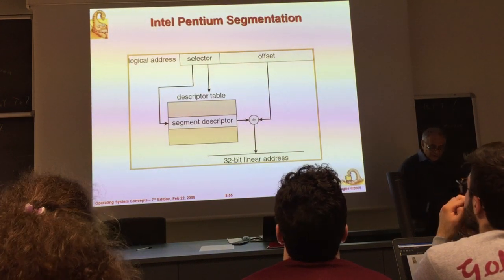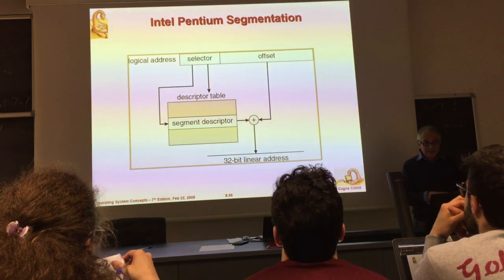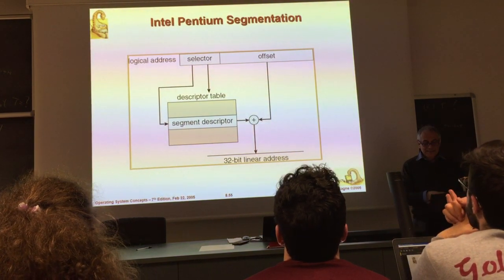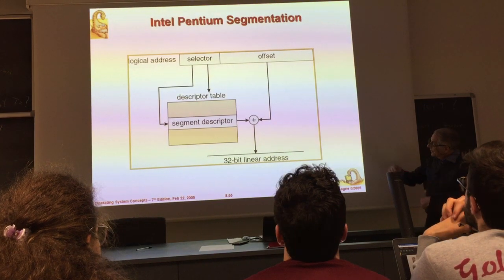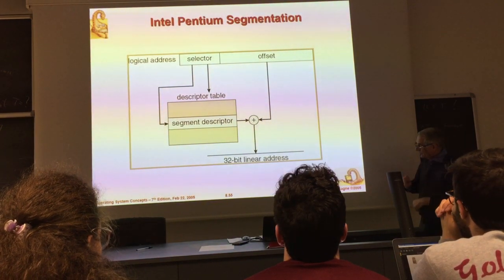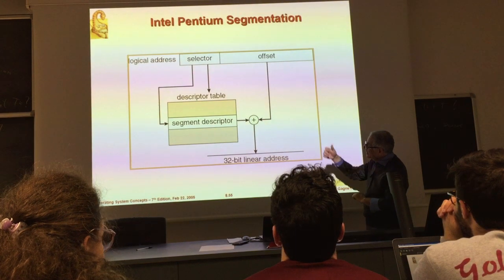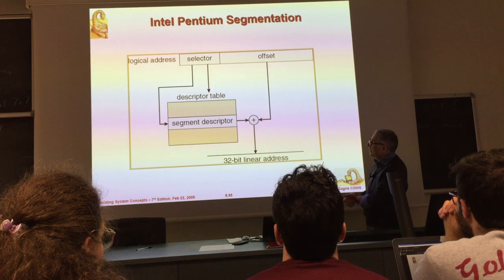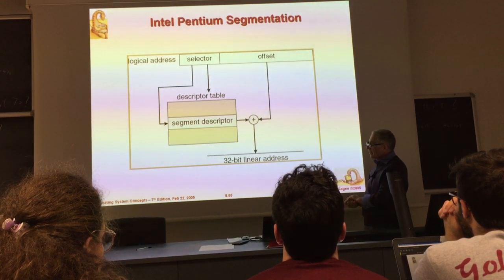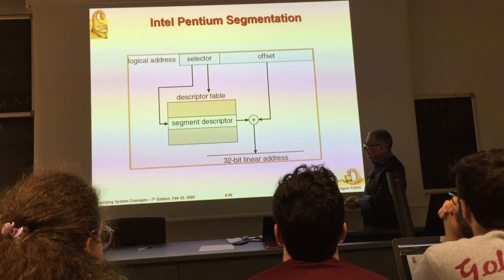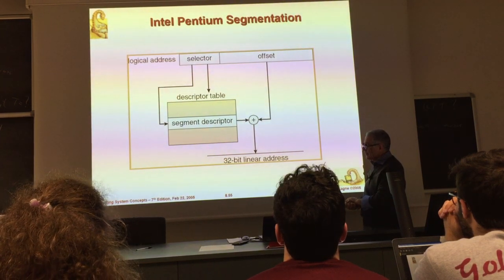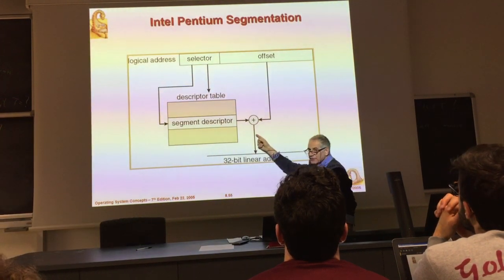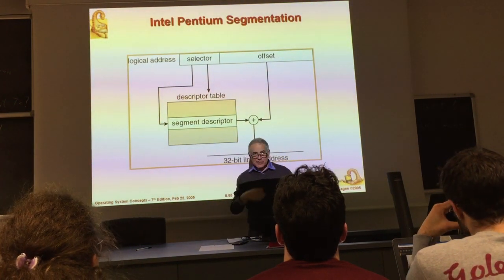Well, segmentation in the Pentium architecture is applied to every access. So the logical address is seen as a field that is called the selector, and then the offset. Every object in the Intel architecture is accessed through this segment descriptor table. What is a segment?